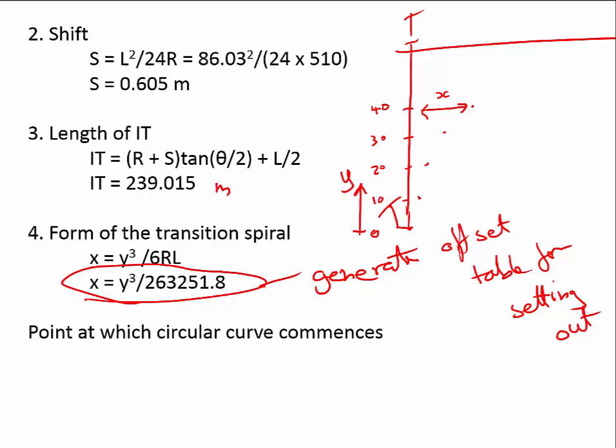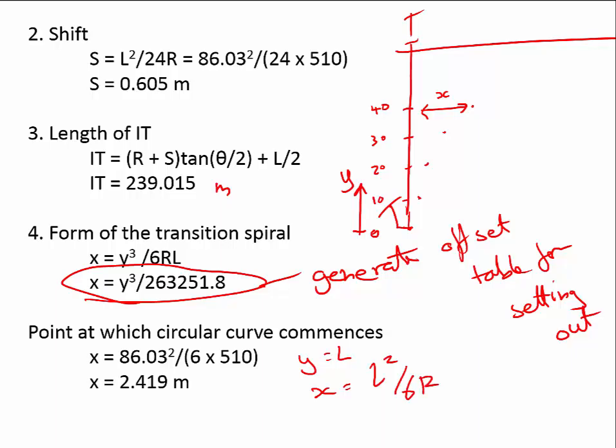We can find the point at which the circular curve commences. It's the same formula. All we've done is set y equal to L. Therefore, L cancels from the base, so what you have is x is equal to L squared over 6R.